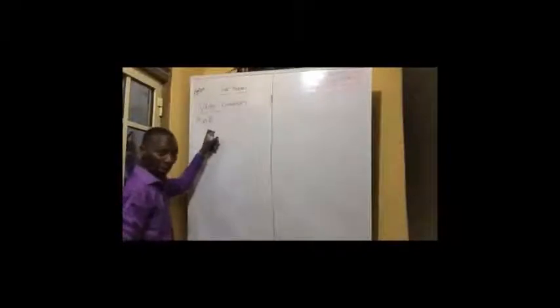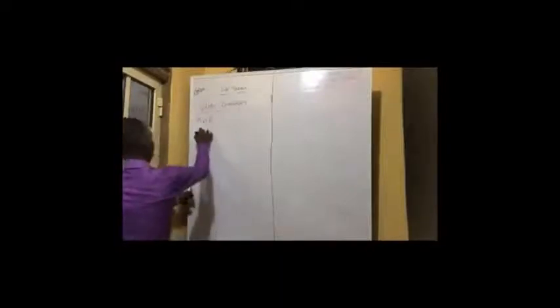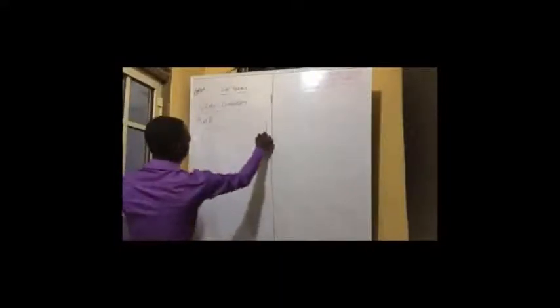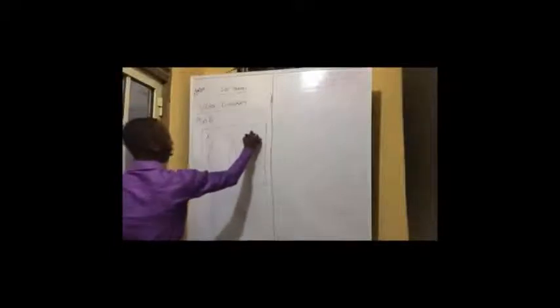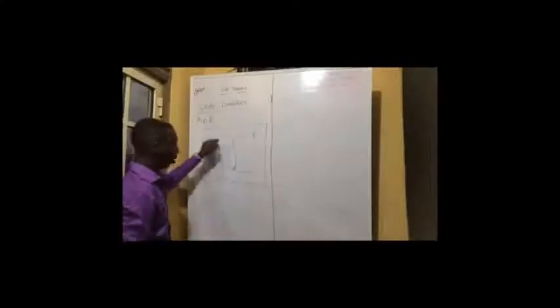Now, say I have A intersection B. You can represent this A intersection B using a Venn diagram. How do I represent this? I am dealing with two sets, set A and set B. Now let me call this my set A and this my set B. How then do I represent A intersection B on this?